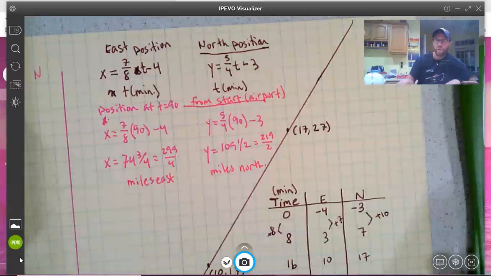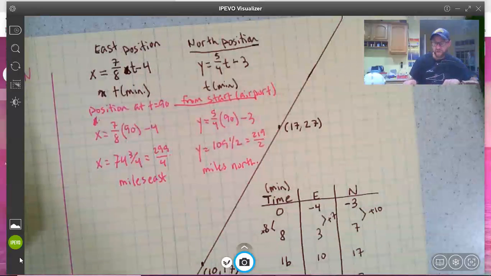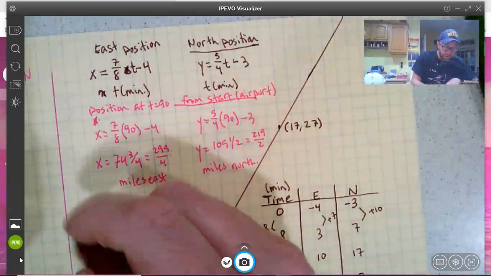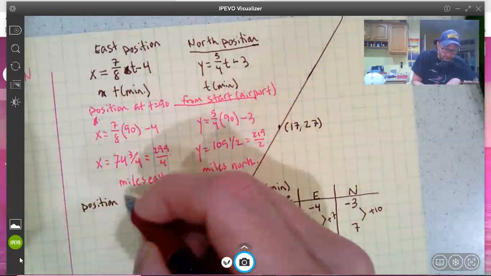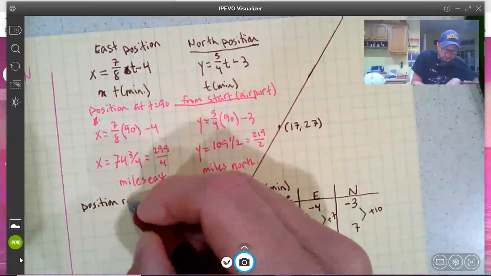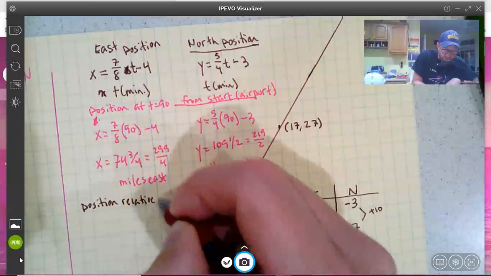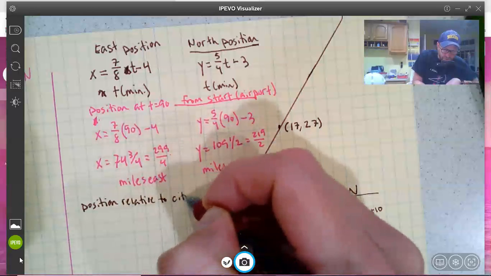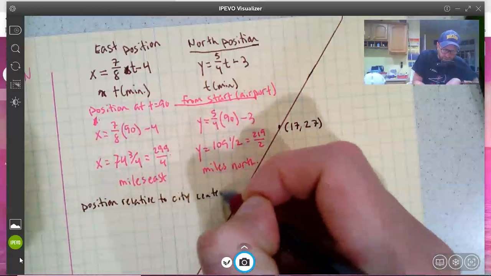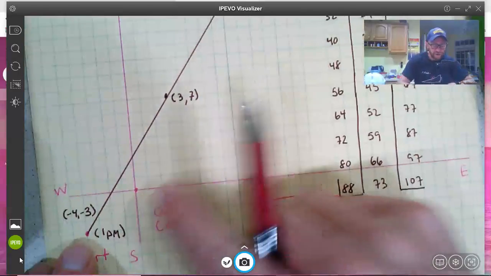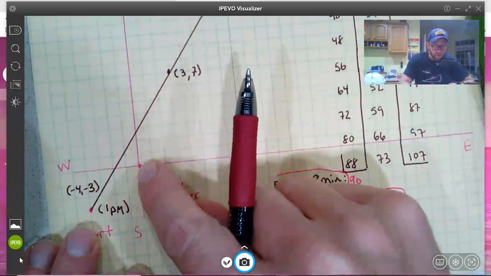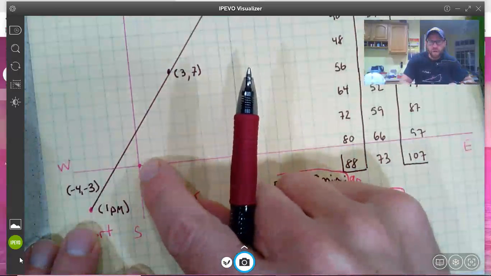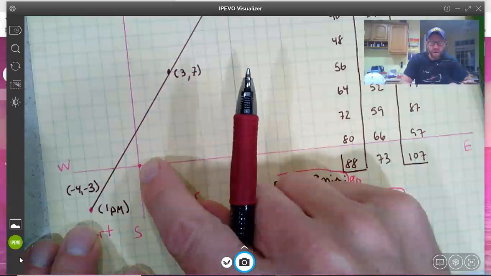What if I want to know where they are in relation to the city center? Okay, so let's put position relative to city center. Well, if we go back here and look at where the city center is, the city center is 4 miles to the east, and it's 3 miles north.